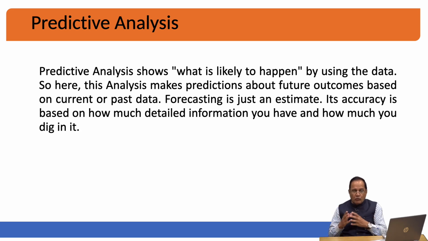Even before 1 or 2 or 3 months, the meteorological department can predict whether this year monsoon will be a good monsoon, or it would be dry, or it would be a famine, or it would be a drought. It can all be done with the help of analysis of data for predicting.